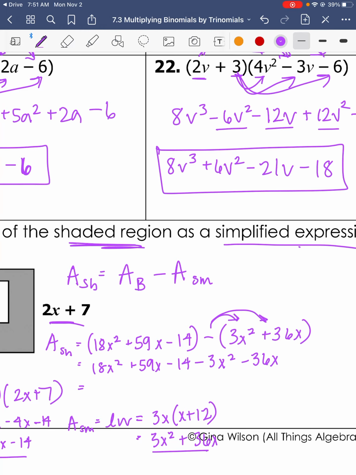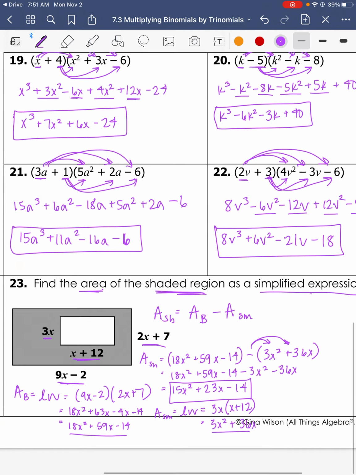And now we're just combining like terms. 18x squared minus 3x squared gives us 15x squared. 59x minus 36x is going to give us plus 23x, and then our only constant is minus 14. And that is our final answer there.